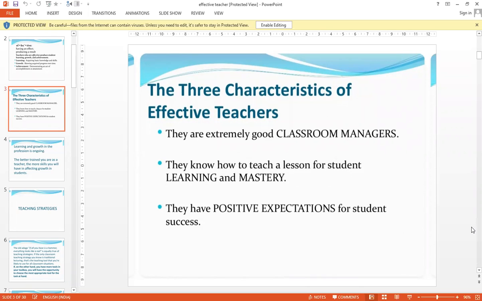So all these are co-linked, which means they are connected. So we must always have positive expectations for students' success. We must never discourage the students by saying that you are dumb, or use such kind of abusive words. Instead, we have to motivate the students so that they can achieve their goals.